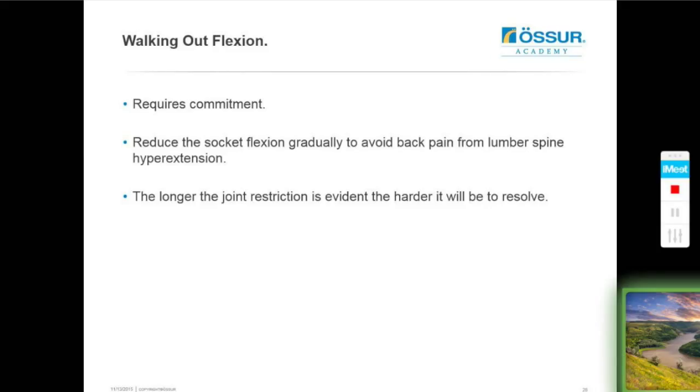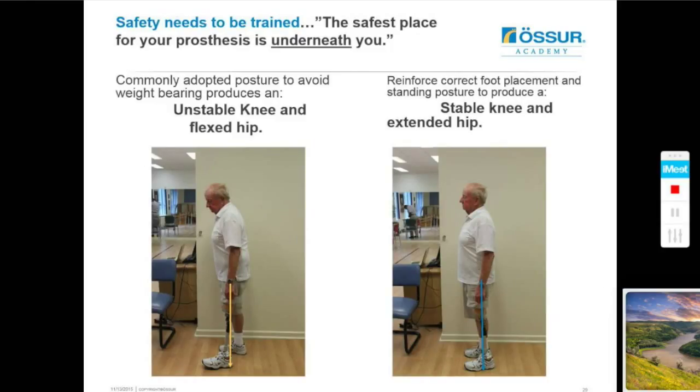So typically we might find that someone has some sort of incident where they've been admitted to hospital, they've been off their prosthesis for a while, and they've developed a little bit of hip joint restriction on the prosthetic side. If we leave that flexion out of their prosthesis, if we don't accommodate it, we are going to be able to walk that flexion out by a program of stretches, exercises and gait training to maintain or regain that hip range of movement.